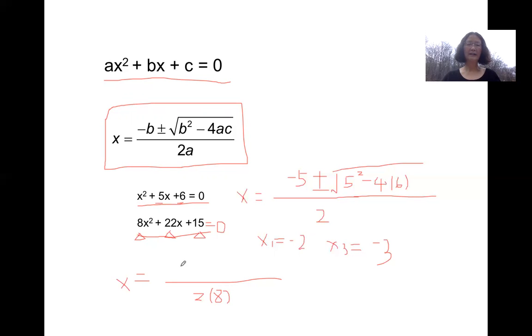Okay, negative b, so negative 22, plus minus square root of b squared, 22 squared, minus 4 multiplied by a, which is 8, multiplied by c, which is 15. Okay, so this is how to use the formula to solve quadratic equations.